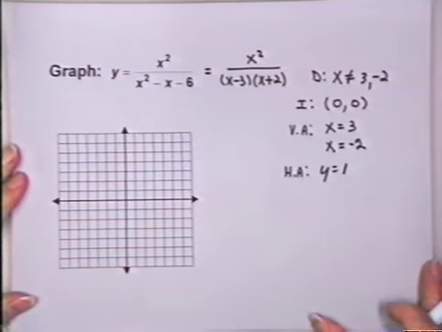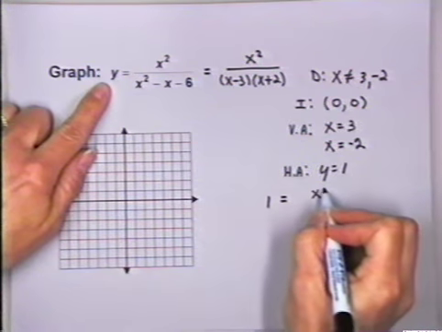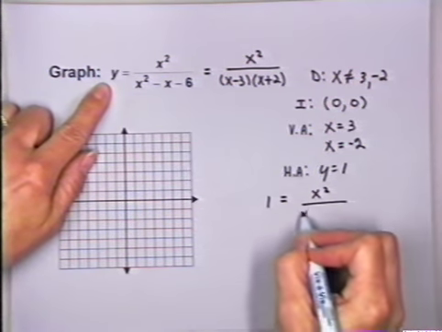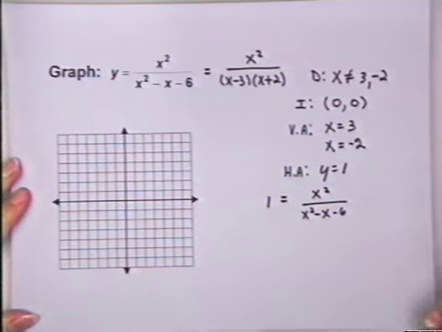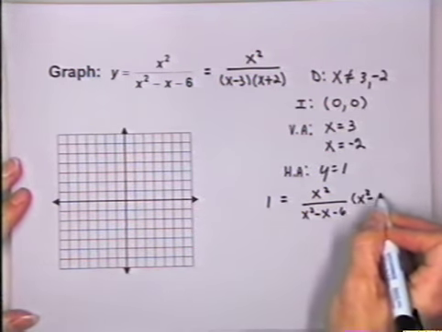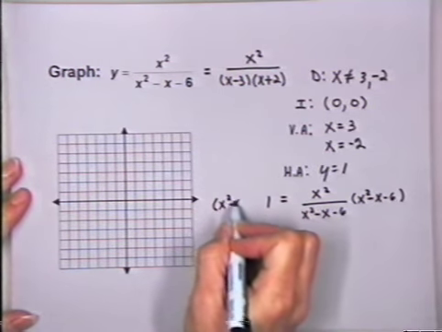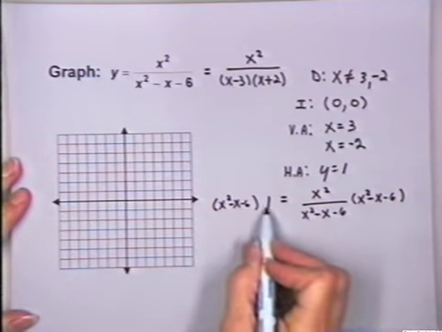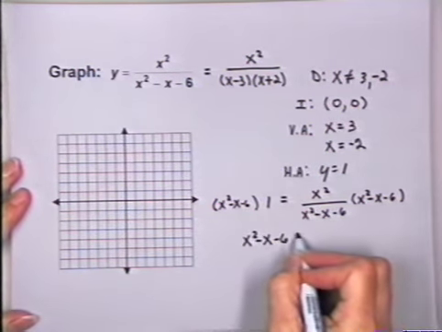Let's see if we cross. If y is 1, 1 equals x squared over x squared minus x minus 6. If I multiply both sides by x squared minus x minus 6, 1 times x squared minus x minus 6 is x squared minus x minus 6.